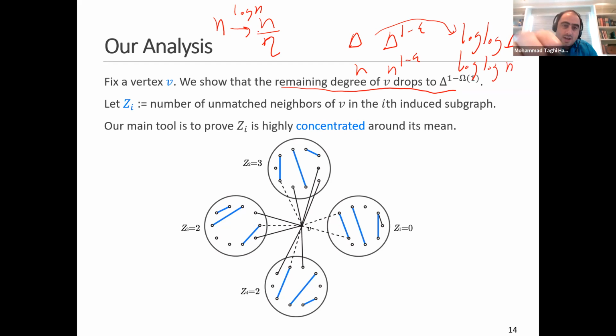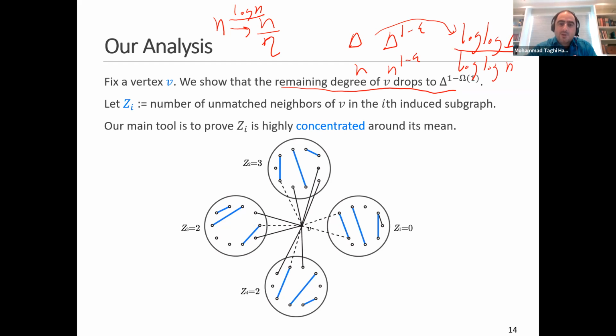You see, when we go from n to n over 2, it's like a linear reduction. Here, in each step, we are going much further, from n to n to the 1 minus epsilon. So it is a much bigger reduction in size, and that's the reason that there we have log n, and here we have log delta.